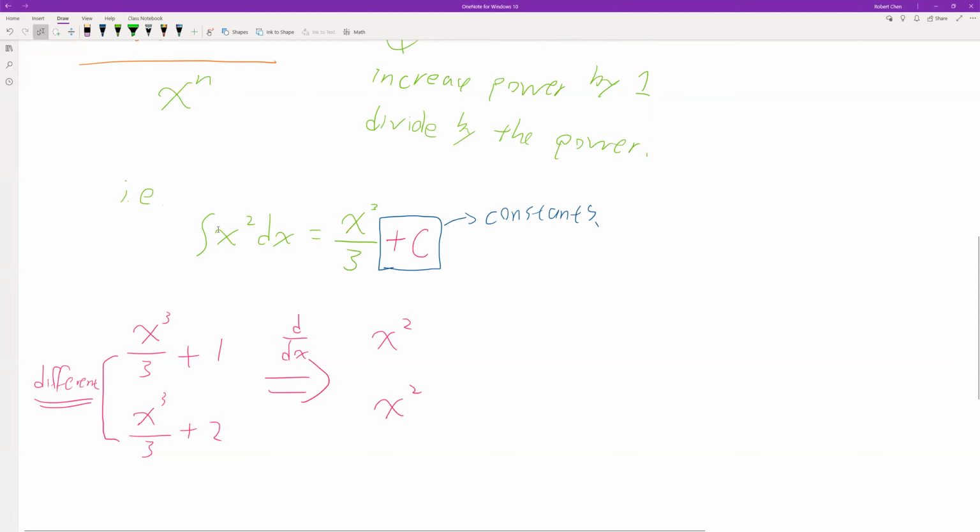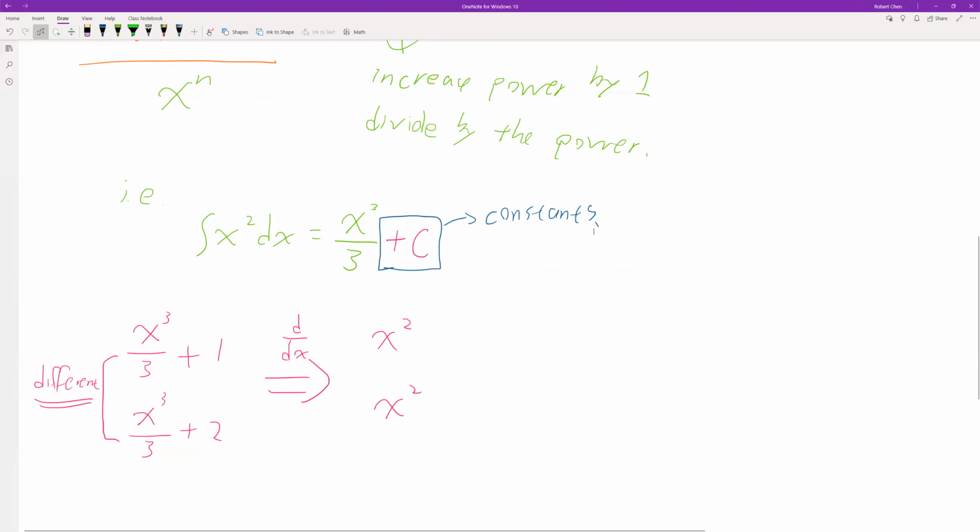If we don't have the c, we are assuming that the constant is always 0, which is incorrect, just like what we see in this case. The constant can be plus 1 or plus 2 or minus 5. Any constant can work. Also 0 will work. But without the constant, you're saying that there is no constant in the antiderivative, which is not always the case. So remember to always include the plus c when you are working with indefinite integral.